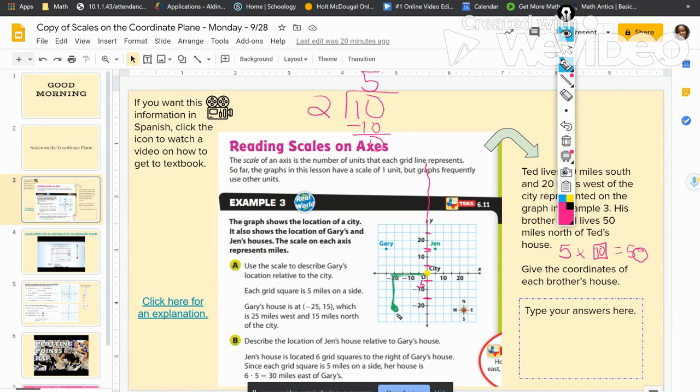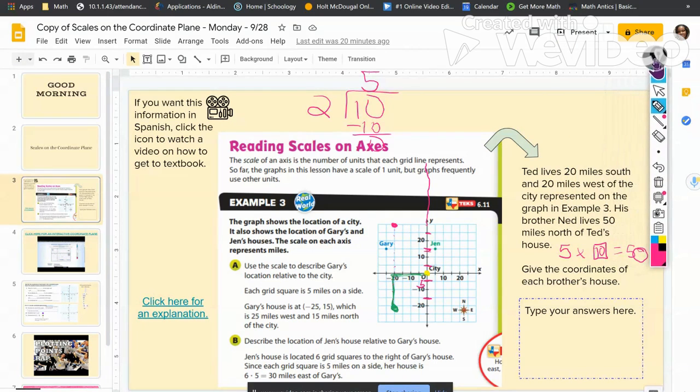So I'm going to go up 10 grid lines, so I'm going to count them. 1, 2, 3, 4, 5, 6, 7, 8, 9, 10. At the tip top, that is where Ned lives. Let me move that.